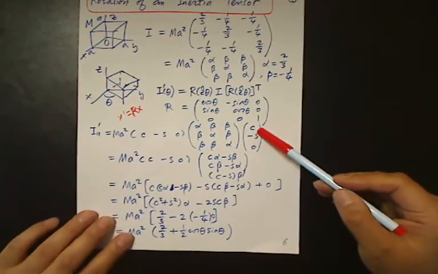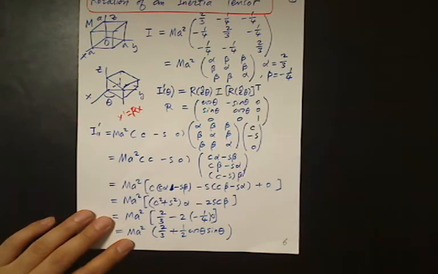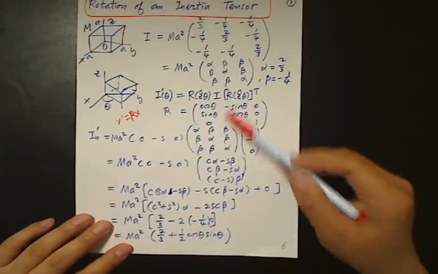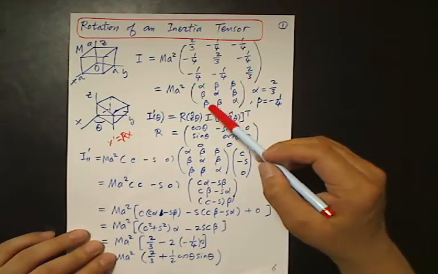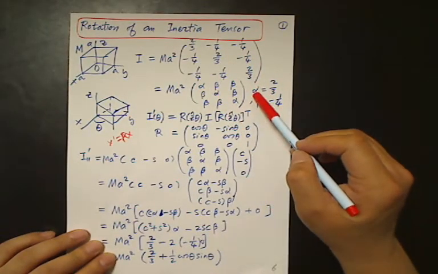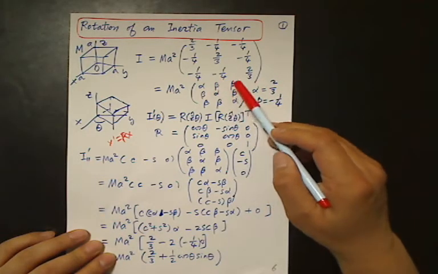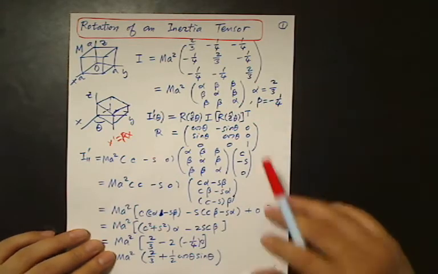So we have C, minus S, 0. C is cosine theta, and S stands for sine theta. So let us multiply this matrix. Because this is a complicated form, the diagonal elements will be alpha, which is 2/3, and the off-diagonal elements will be beta, and beta is minus 1/4.